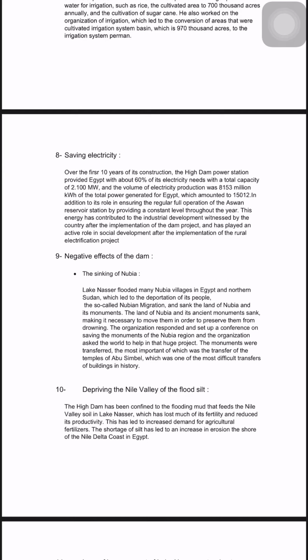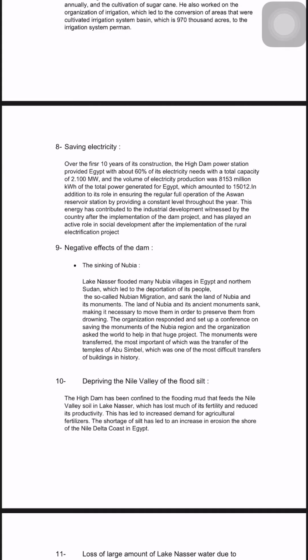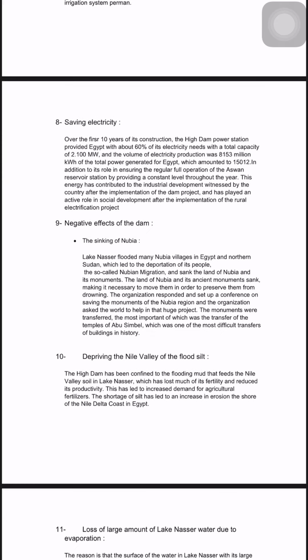Negative effects of the High Dam. The sinking of Nubia. Lake Nasser flooded many Nubian villages in Egypt and northern Sudan, which led to the deportation of these people, the so-called Nubian migration, and sank the land of Nubia and its monuments.